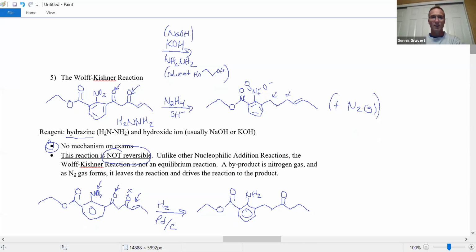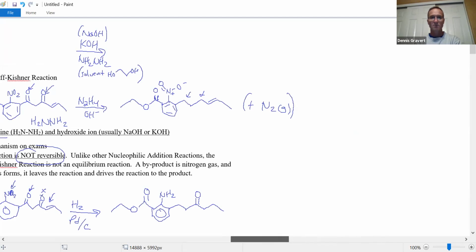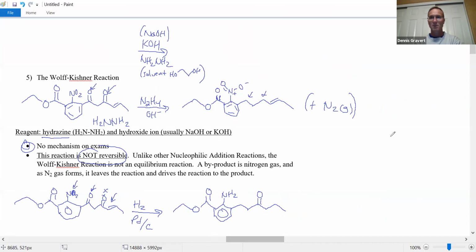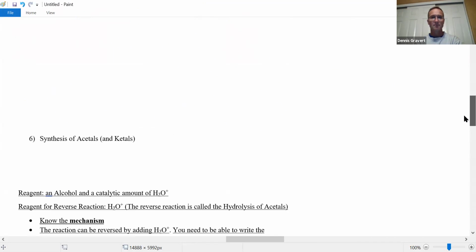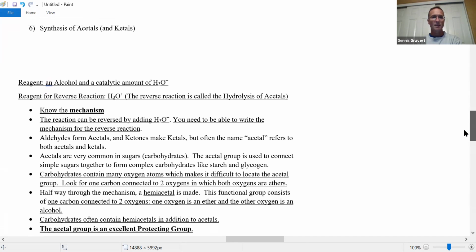Last reaction. Ooh, yes. Acetal formation. Where'd you go? Must be down below. Oh yeah, way down here. Get all the information on the screen in one shot. Ooh, I saved perhaps the most important reaction for last.